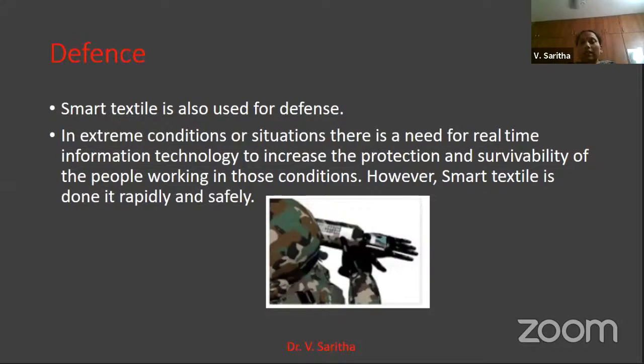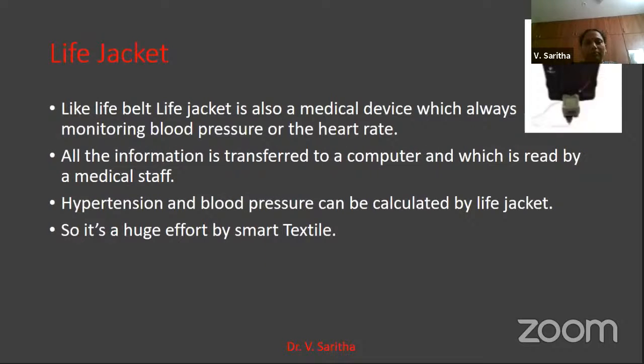In such cases, if anything happens to a particular person, then intimation could be given to the higher officials or the management, whoever it could be. So that kind of application could be there in smart textiles also. Instead of using additional devices, smart textiles will be very simple.